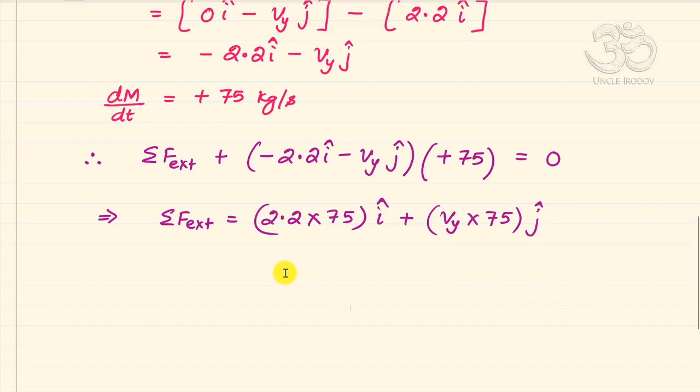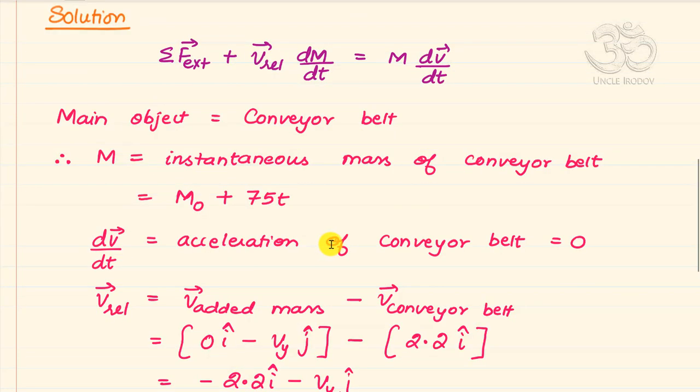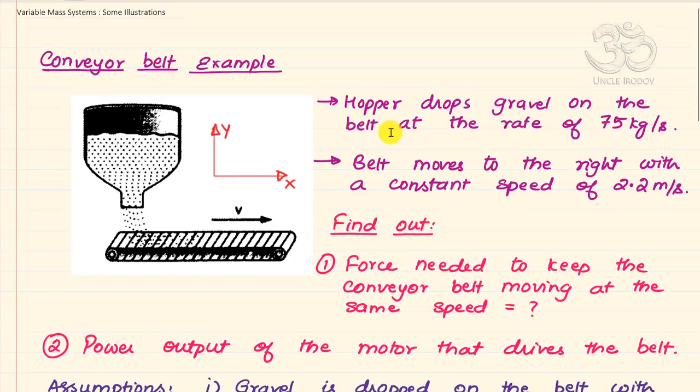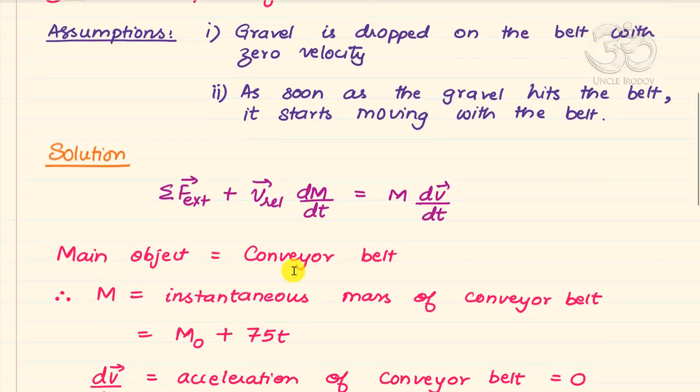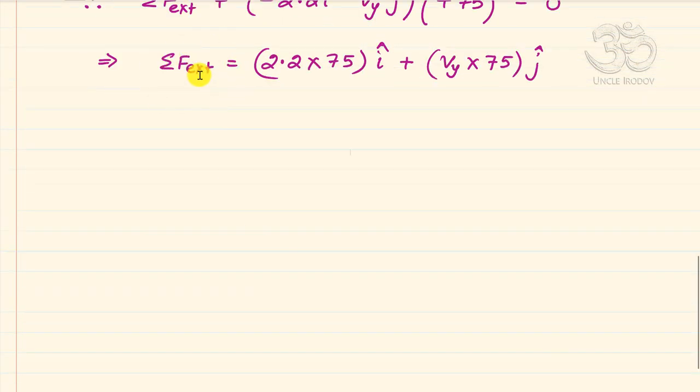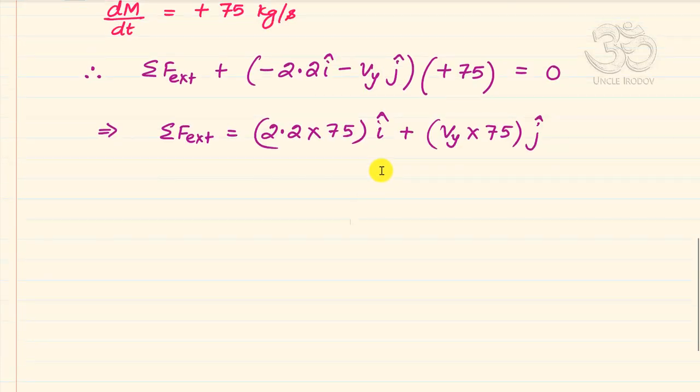So if the belt is indeed moving as given in the problem, such that this much mass falls on it per second, this is the constant speed of the belt to the right hand side, then these are the net external forces acting on the belt. And you will understand the significance also, because the masses are falling on the belt in the downward direction and they are immediately stopping along the vertical axis, along the y-axis. So there must be a force on those masses in the vertically upward direction.